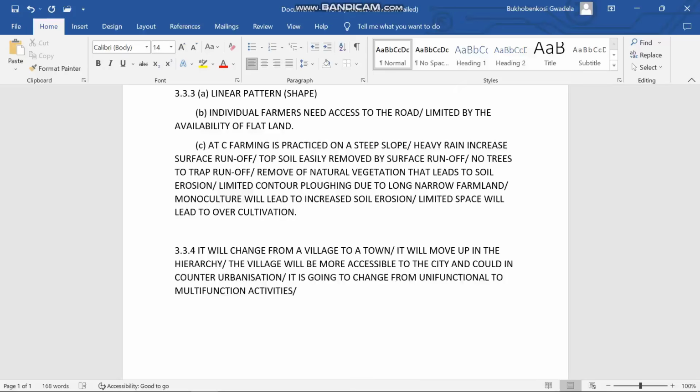So there will be some secondary activities, like industries that are going to manufacture using raw materials, as you can see that we have some cultivated lands there.